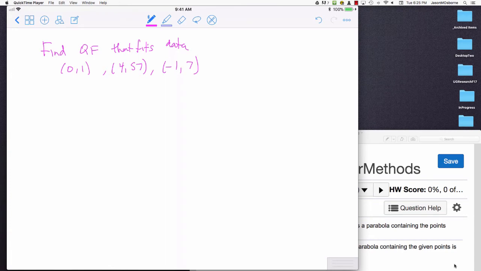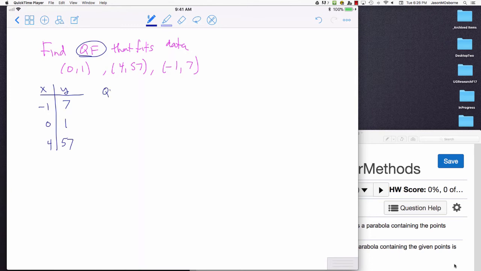Now we've been asked to fit this data with a quadratic function. So we know the x and y values are 0, 4, maybe we should put this in order, sorry. Let's put this as -1, 0, and 4. When x is -1, y is 7. When x is 0, y is 1. When x is 4, y is 57.